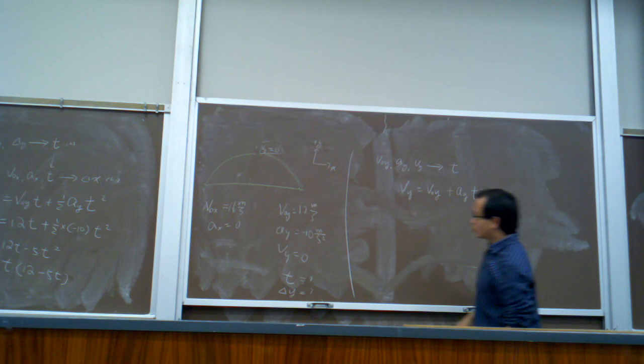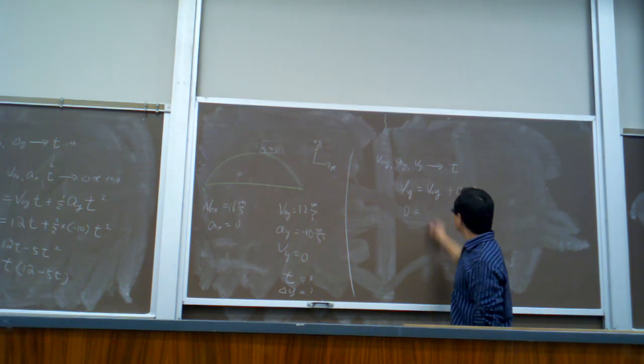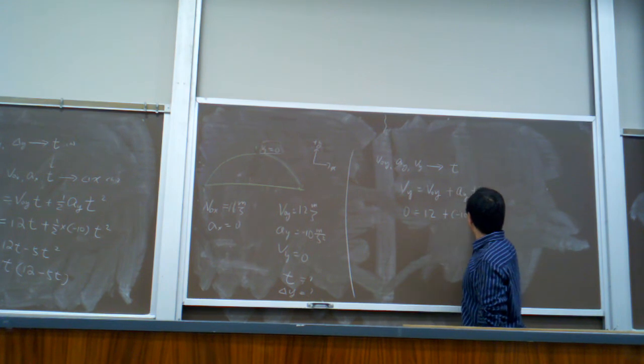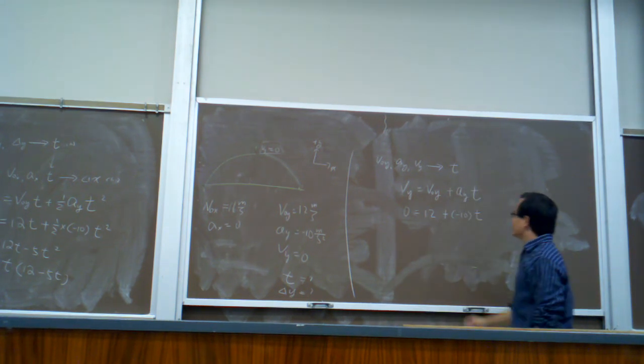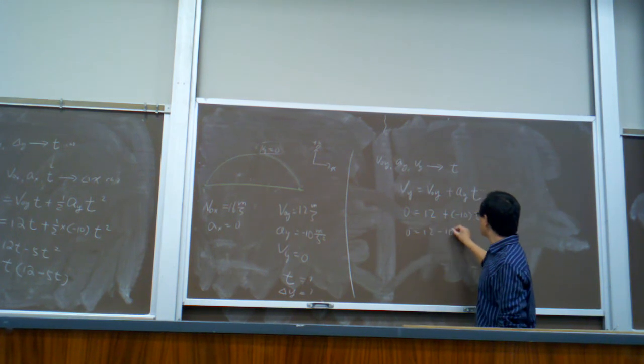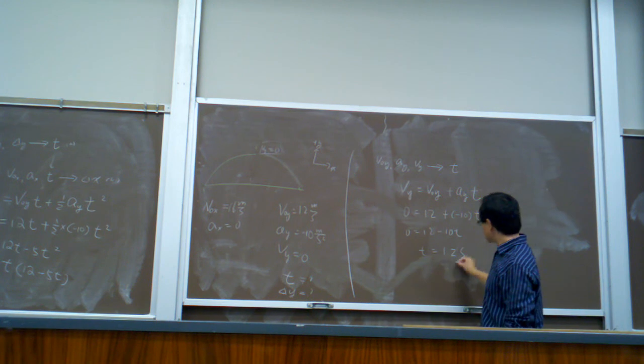So what's vy? 0. v naught y is 12. And a y is negative 10. You want to find t. So 0 equals 12 minus 10t. t equals 1.2 seconds.